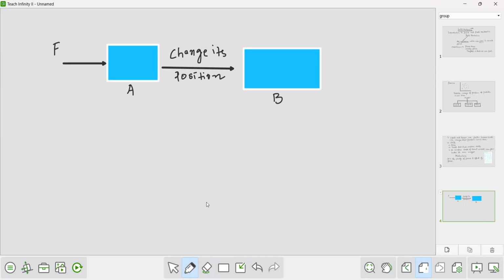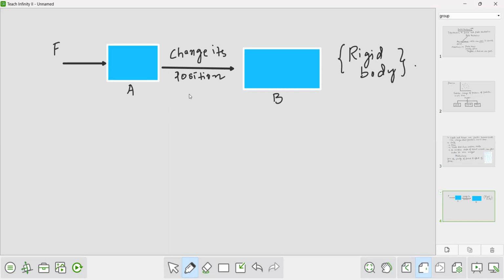In mechanics, what you will feel is that if you apply a force, this object is going to change its position, or sometimes it is going to deform. Here, this object has changed its position. This object behaved as a rigid body.